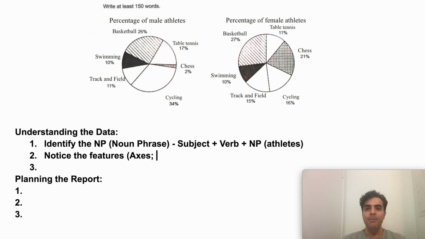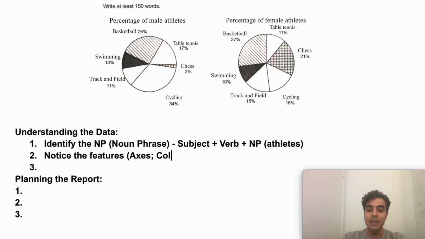So, for example, if you have a line graph, I want you to look at the vertical axis, and then I want you to look at the horizontal axis and ask yourself, what is being shown in this vertical axis? What is being demonstrated through the horizontal axis? So I want you to be conscious of what these axes are showing.